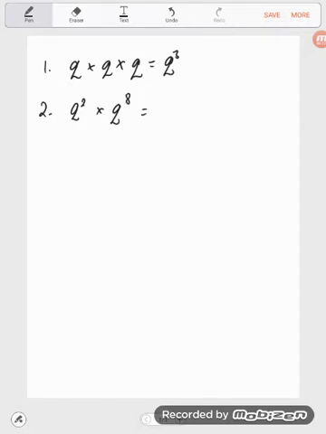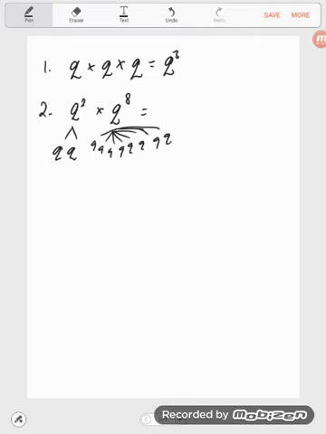do to the powers? So we need to remember that what this actually is, this is actually 2 q's here, and this is 1, 2, 3, 4, 5, 6, 7, 8. So 8 q's all multiplied together.